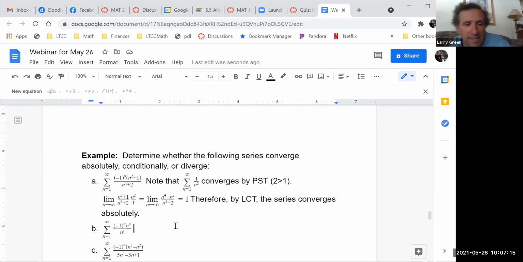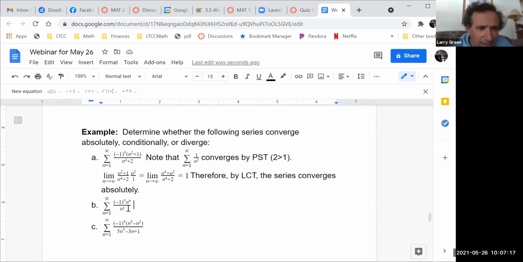Let's look at B. So now we have (-1)^n times n to the n over n factorial. What's your guess on that one? Always good to guess.